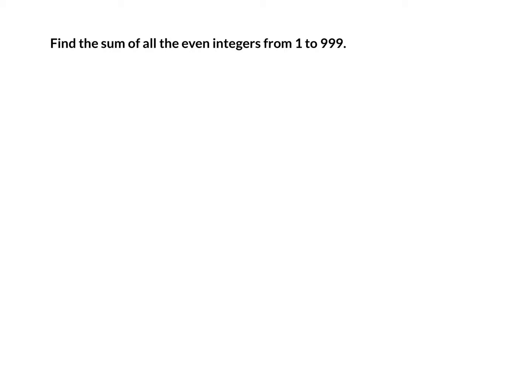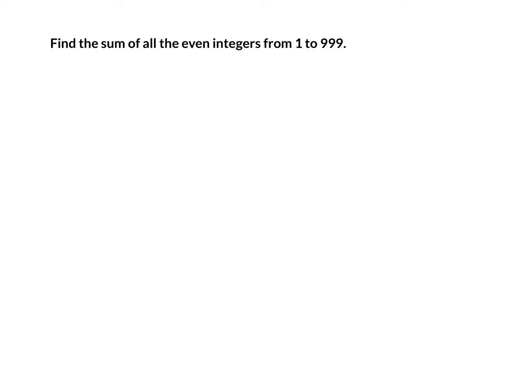Alright, next question says, find the sum of all the even integers from 1 to 999. Now this one is not as tricky as it looks, but it does have a nasty little trap for you if you are not careful.